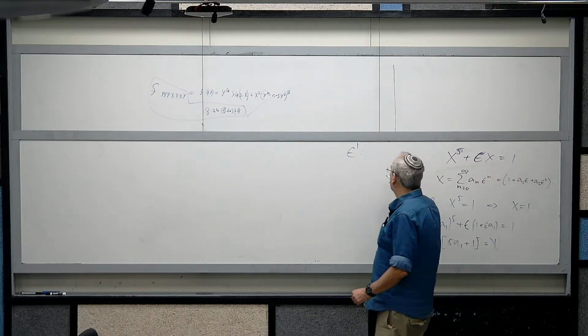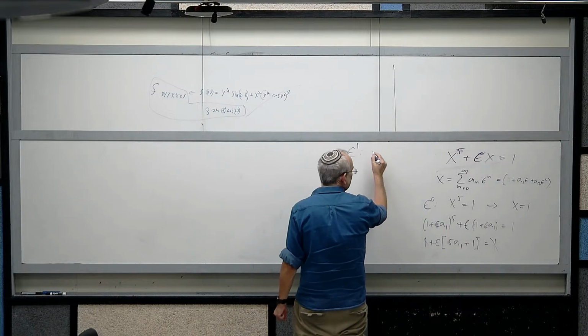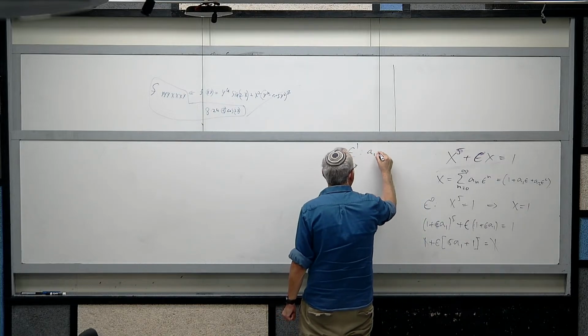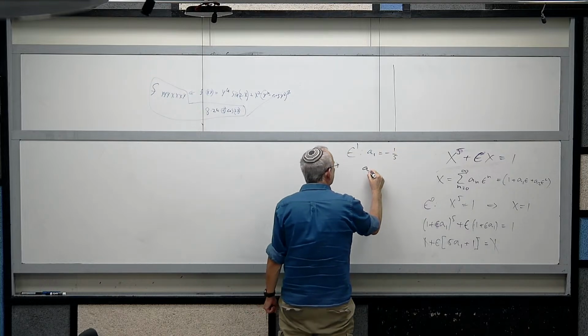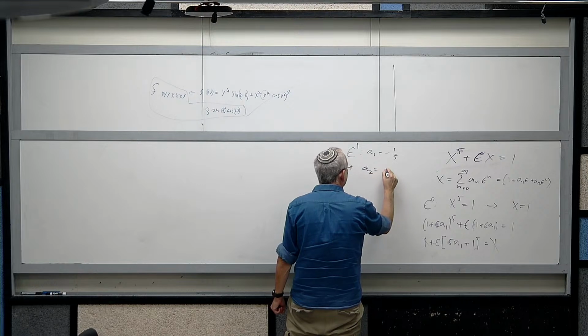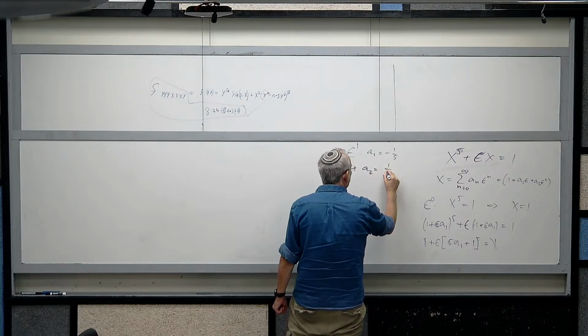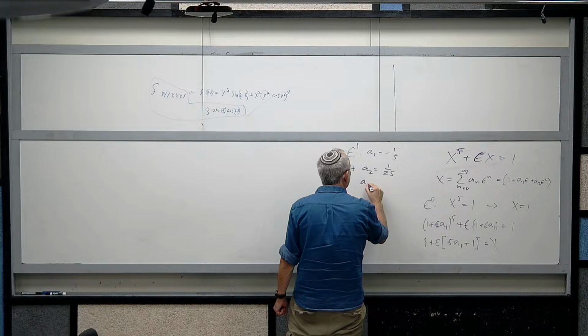So I find that a1 is minus 1/5, and if I remember correctly from the first lecture, then a2 was 1 over 25, and a3 was 1 over 125, and so on.